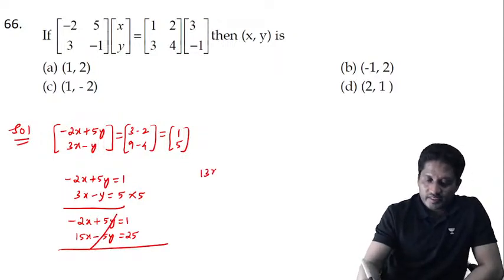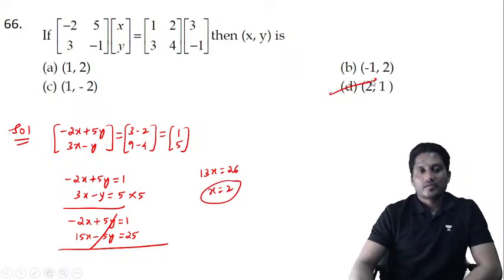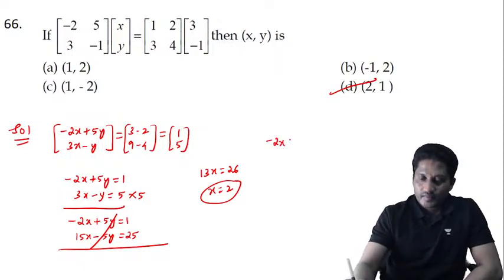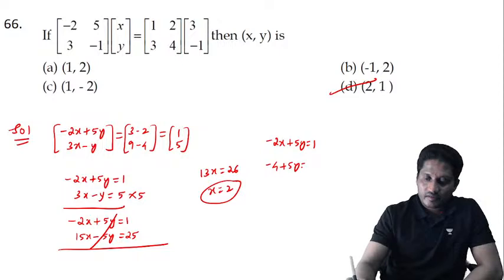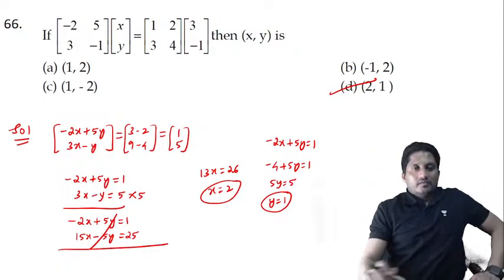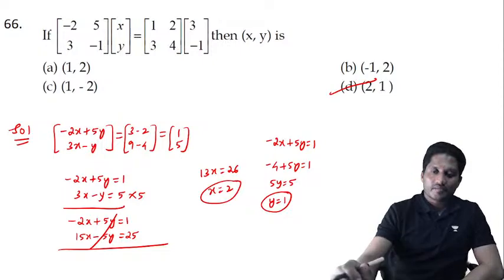You get 13x is equal to 26, x is equal to 2. There's only one option where you have x is equal to 2, right? Or you substitute in the equation minus 2x plus 5y is equal to 1. If I put x is equal to 2, you get minus 4. Yes, Varun, right? You get 5y is equal to 5, y is equal to 1. x is 2, y is 1. Alright, it's a simple question only.